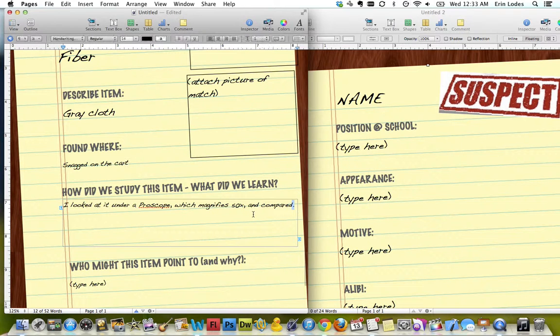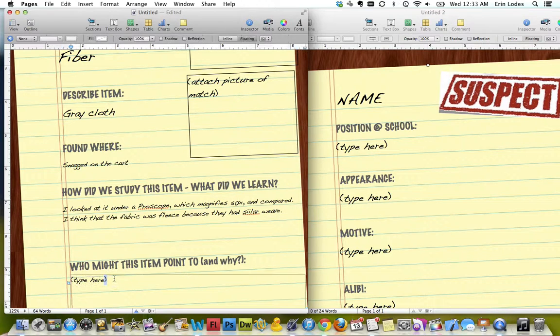And then for what did we learn, I'm going to say, I think that the fabric or fiber was fleece because they had a similar weave. You can put whatever you want. And then down here you need to go back to your suspects and see who that points to. And so if it was fleece, then that points to Aaron Lotus.